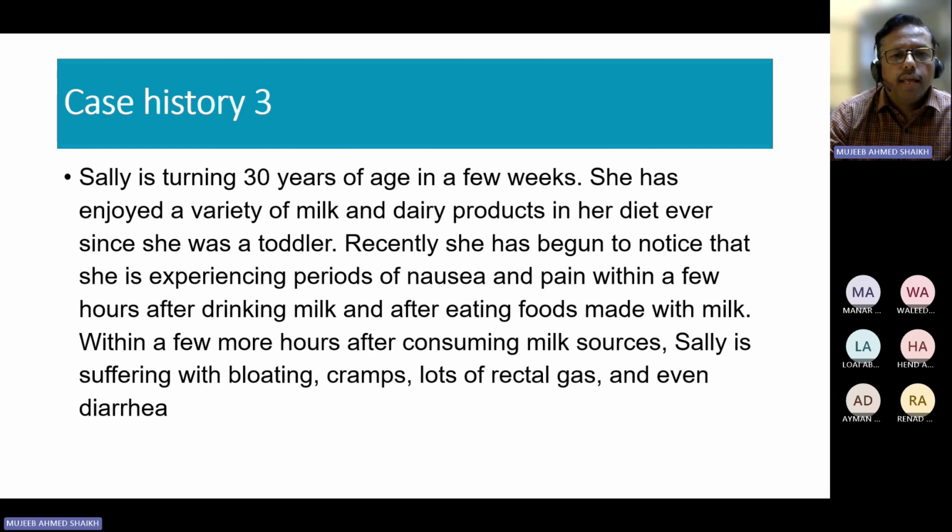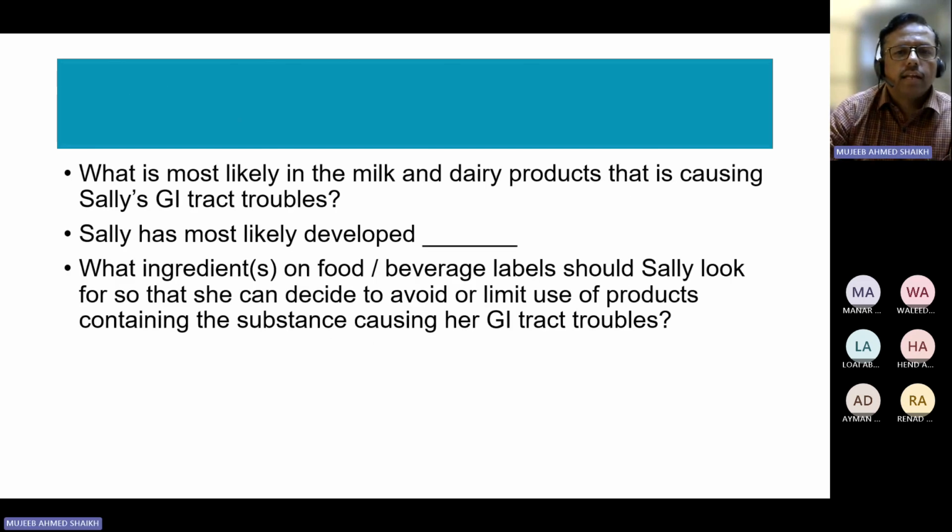Sally is suffering from bloating, cramps, a lot of rectal gases and even diarrhea. So diarrhea plus bloating and cramp pain. Most likely diagnosis is lactose intolerance. Maybe she developed a reaction to the lactose.